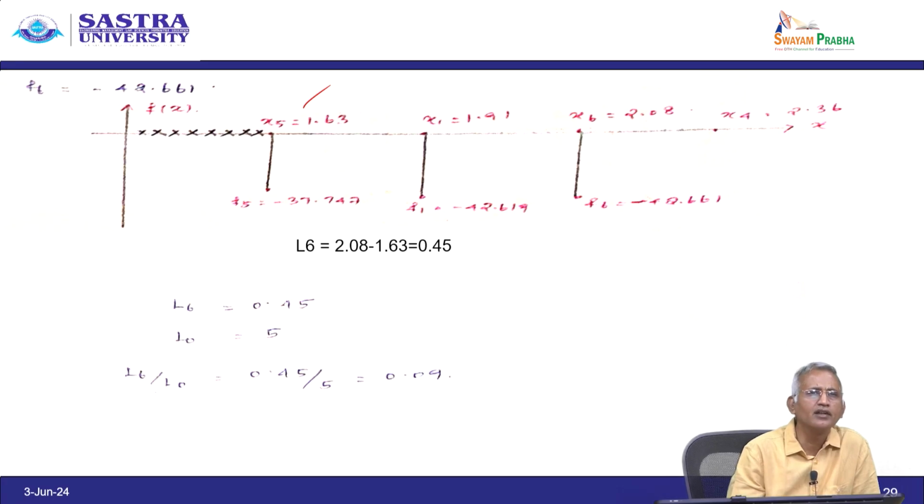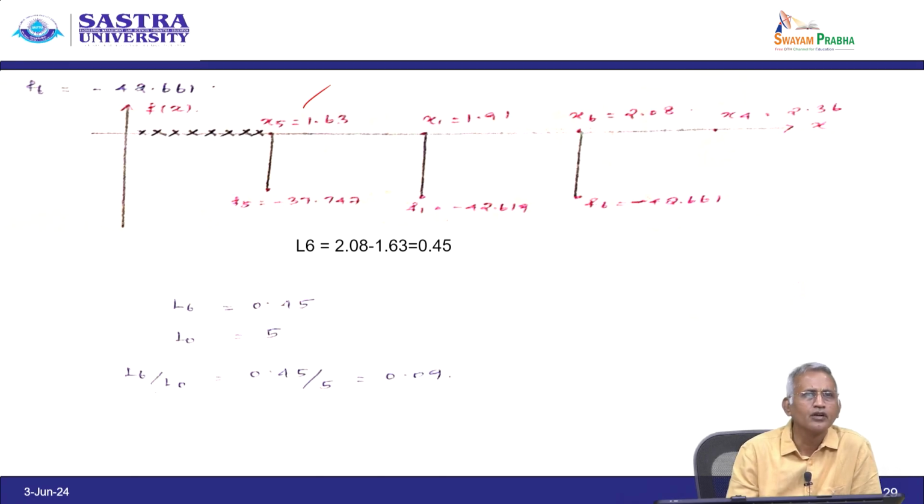And we have corresponding f5 is minus 37.747 and f1 is minus 42.619, f6 also minus 42.661. So, in two decimal places comparative study they are equal.